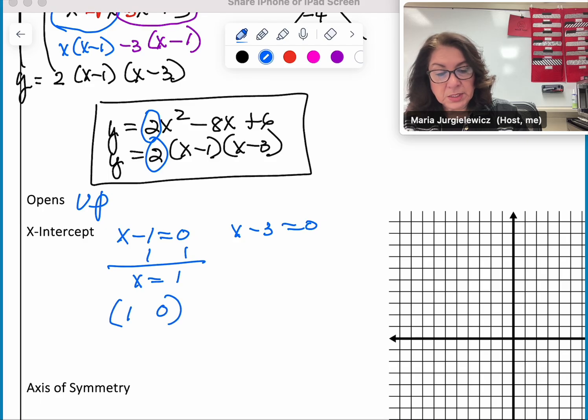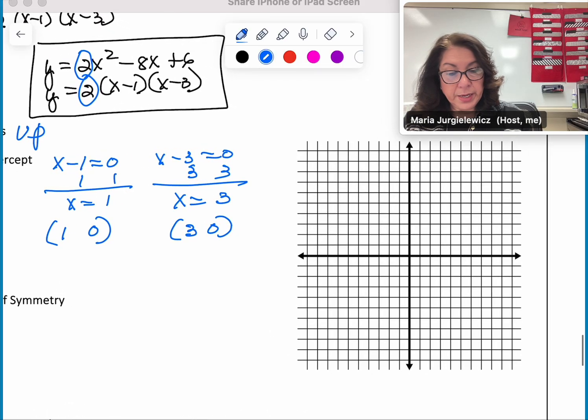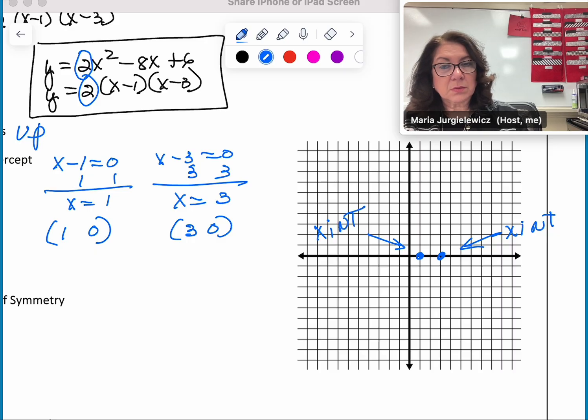That's 1, 0. In the other one, we're going to add 3, x is equal to 3. So that's 3, 0. Let's put it on the graph. I have 1, 0 and 3, 0. Those two are my x-intercepts, my zeros, my solutions.